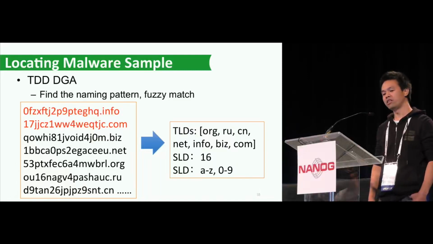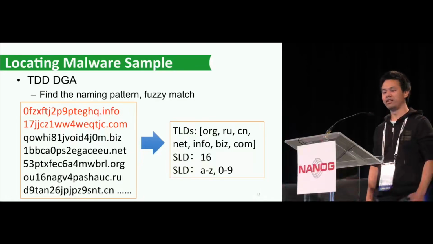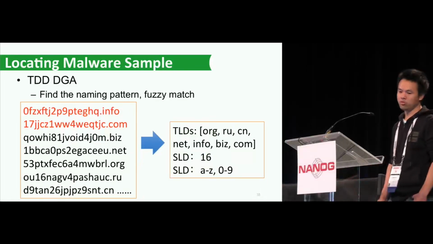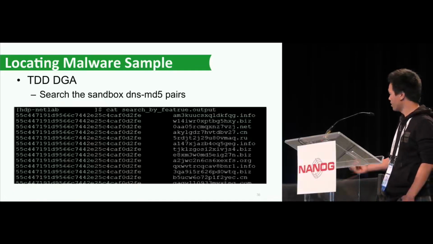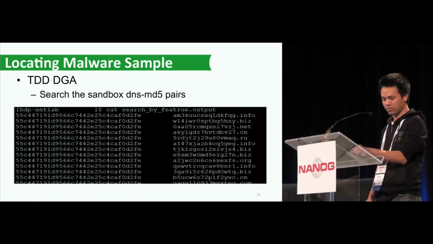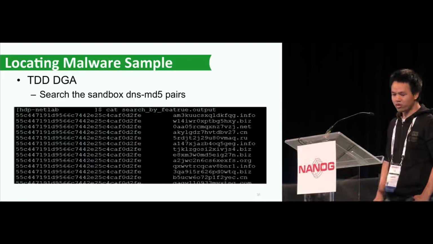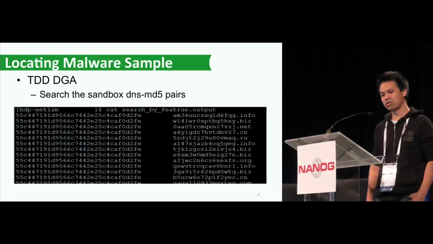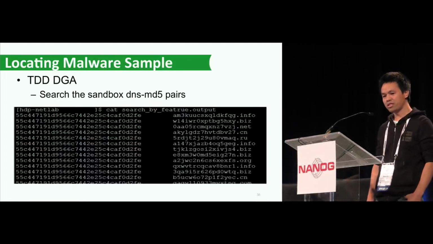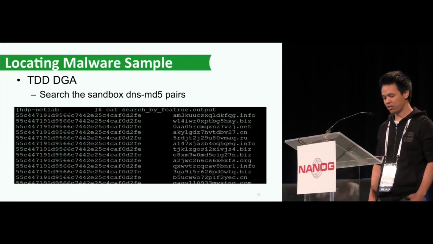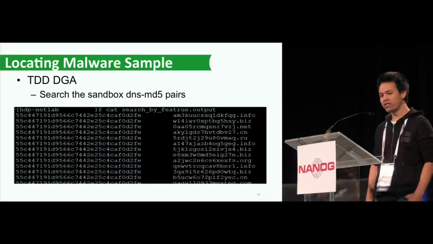The SLD consists of the letters A to Z and the numbers 0 to 9. Then, based on these features, we searched the sandbox DNS domain-IP pairs database and found that some domains share very similar features, and they are generated by a single sample.